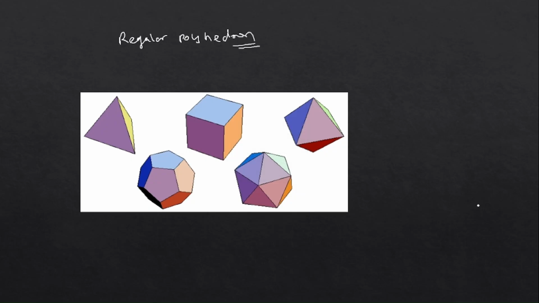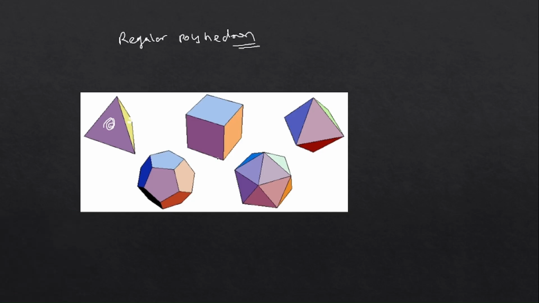Okay, now the regular polyhedron. A regular polyhedron will have all the faces as regular polygons. Take the example of this particular one, this face is a regular polygon, that is a triangle. The face beyond that is also a triangle, and the one below is also a regular polygon, a triangle.